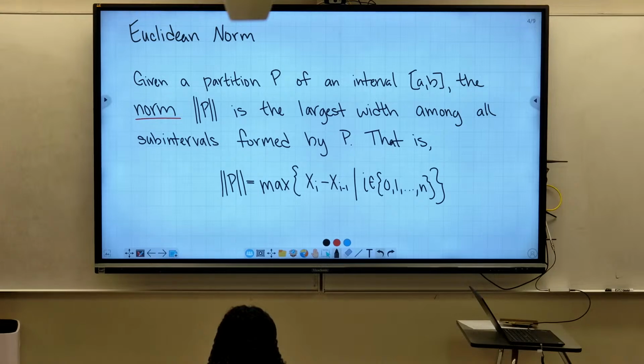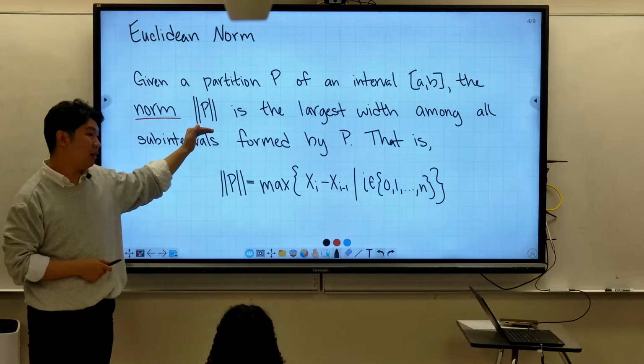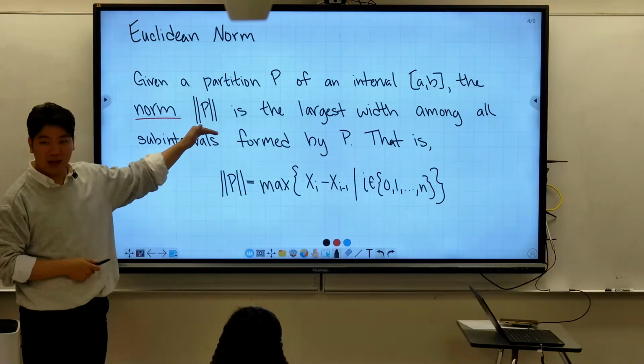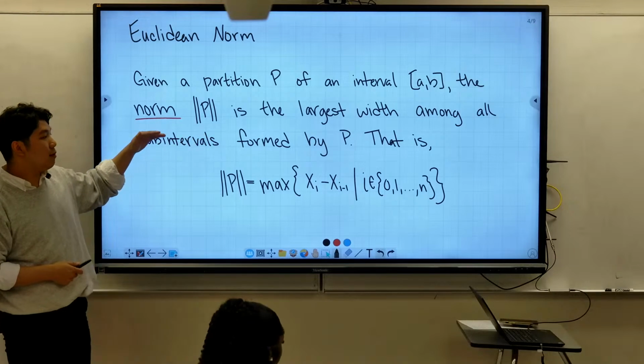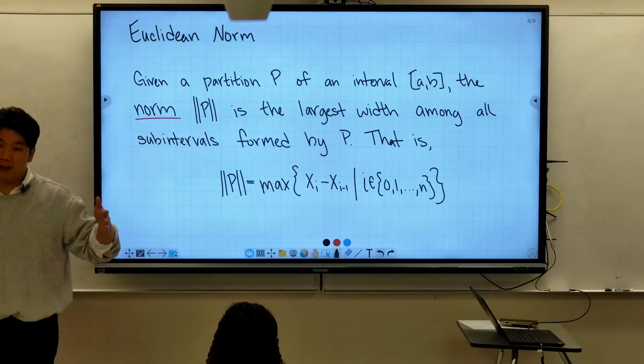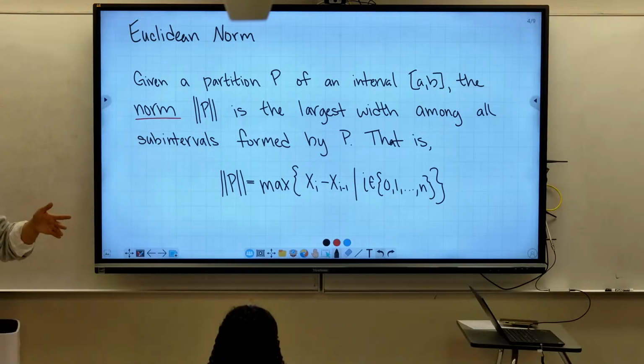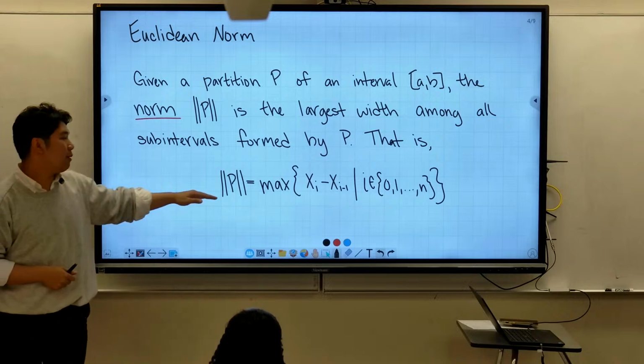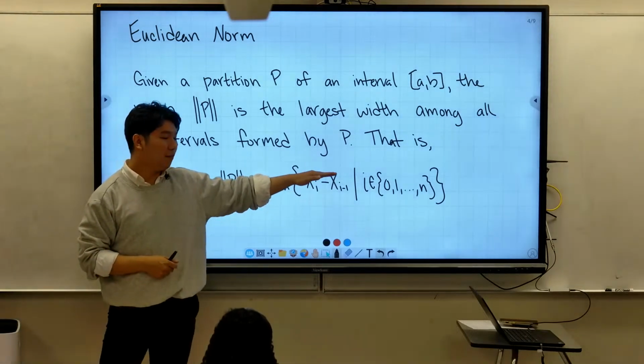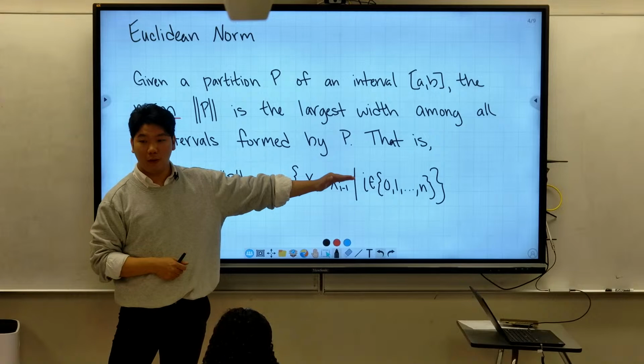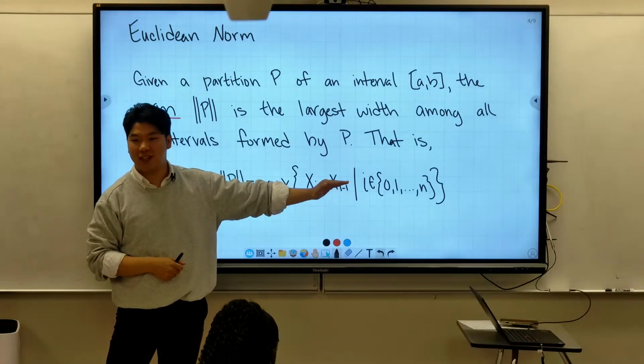If I have a partition P, like what I did earlier with 1 to 2, split up into smaller intervals, the norm, which I'm denoting with P with 2 lines on the left and the right, is the largest width among all of my sub-intervals. In fancy mathematical notation, the norm is the maximum of the lengths of my intervals, where those come from the partition that I have chosen.